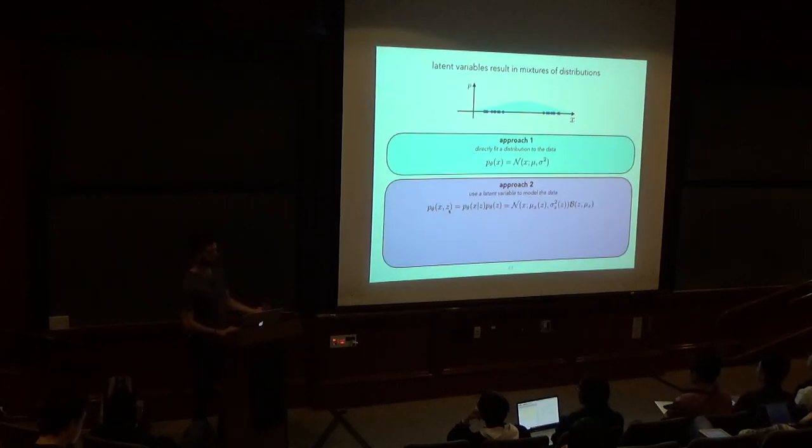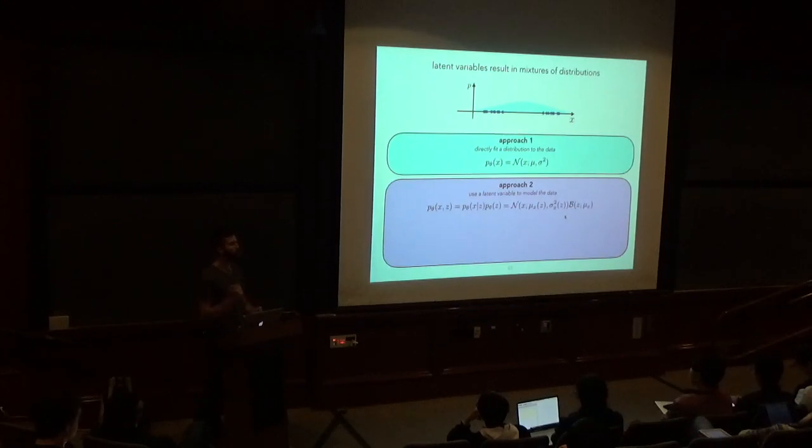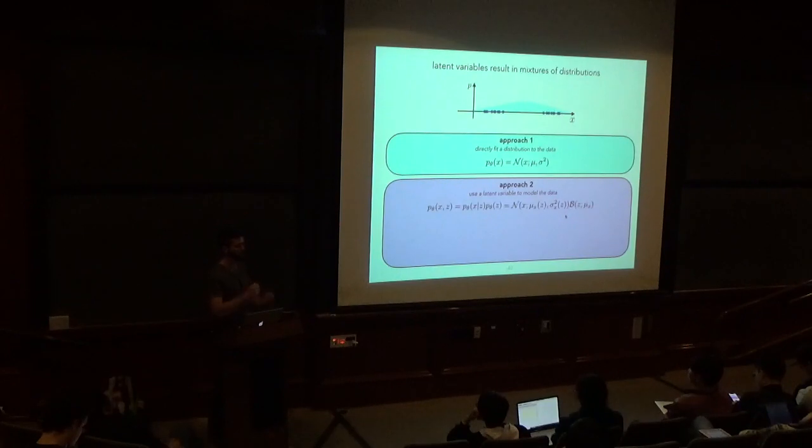And again, using the chain rule of probability, we can break this out into probability of our observed variable x given z, and then some prior distribution over z. We might consider that conditional distribution to be a Gaussian distribution, but the prior over z could be a Bernoulli distribution. So we could have some coin that we flip in this latent space, and then each outcome of the coin flipping would generate a different distribution.